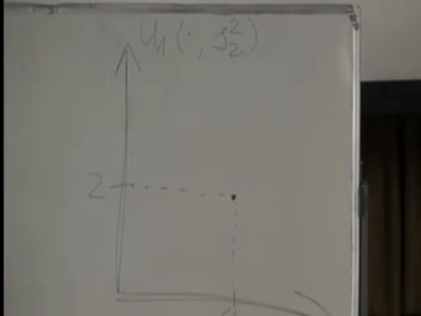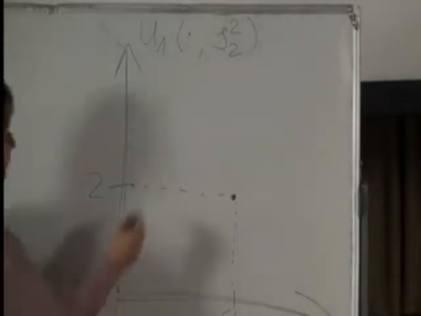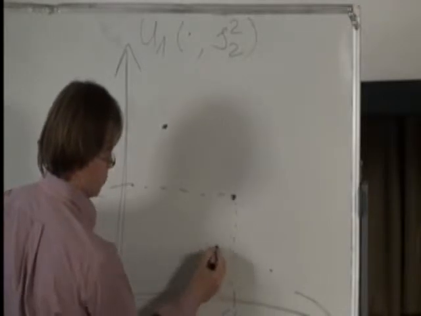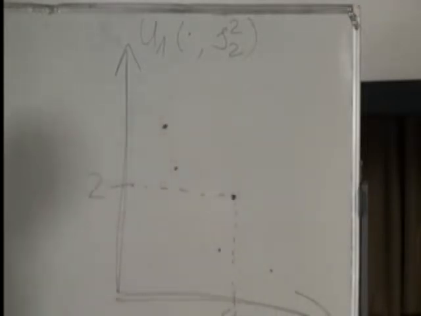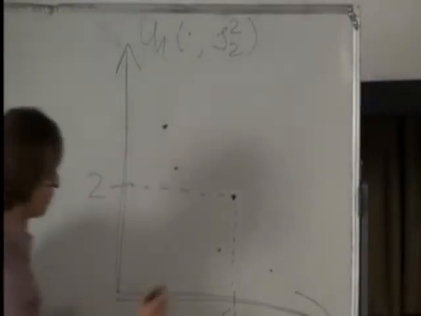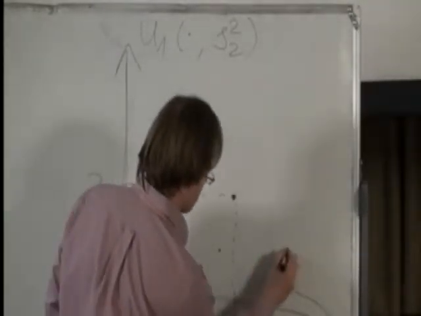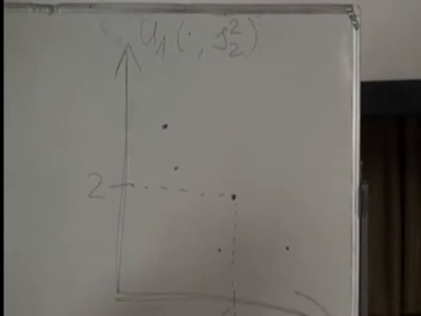So I'm going to go over all the strategies of player 1, and I'm going to map them something like this. On this graph, I can see which strategies are dominated and which strategies are undominated.